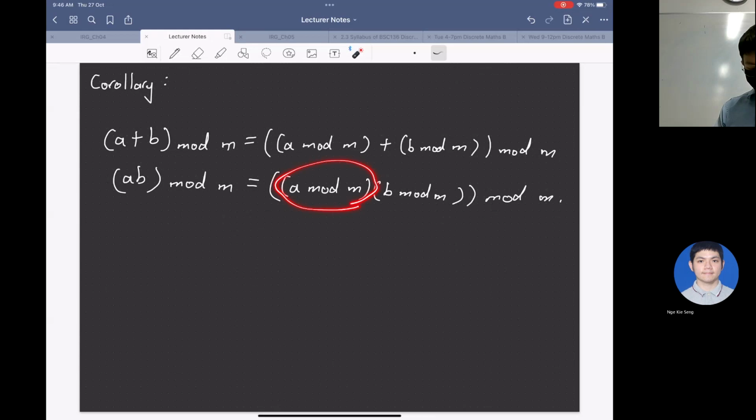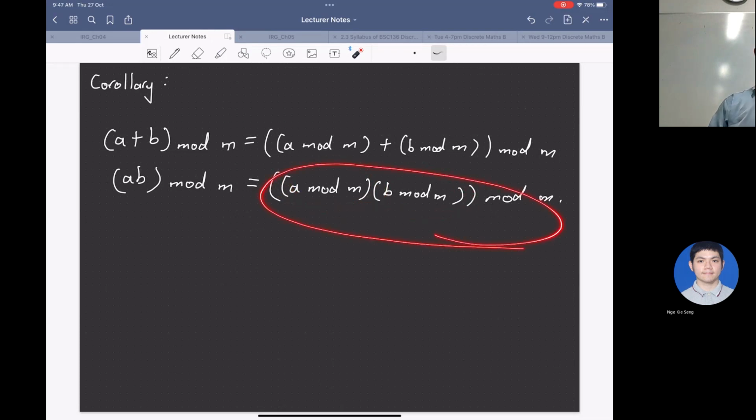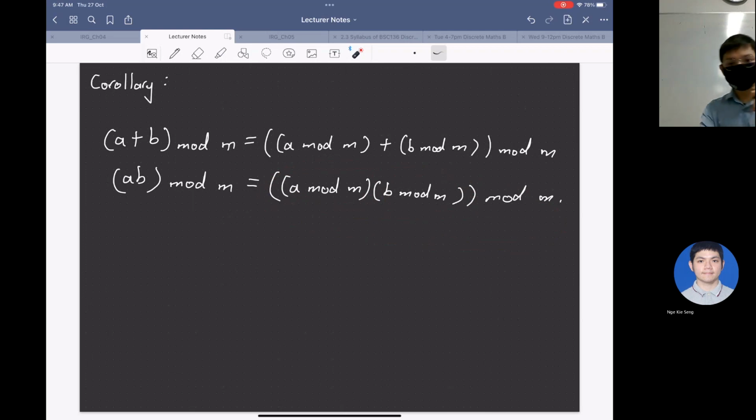But if you reduce first, then you reduce the number of digits, multiply using less time, and then reduce again. If you don't want to prove this, you can just read the textbook.